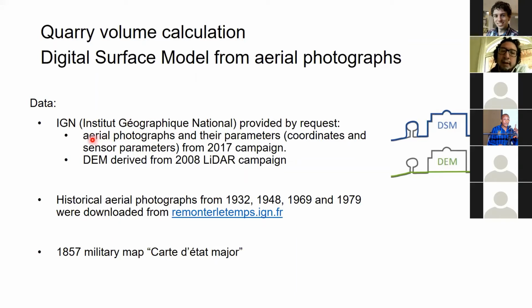These are aerial photographs, so optical images taken from airplanes, along with their parameters. That means all the coordinates and the parameters of the sensors for taking these images. And all that information is available for one campaign that was made in 2017.